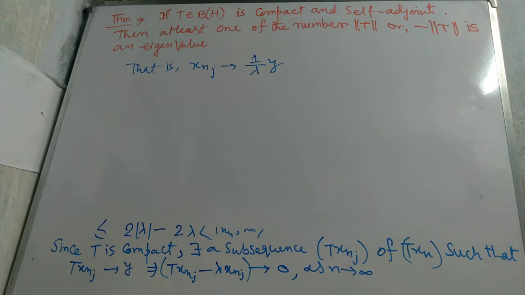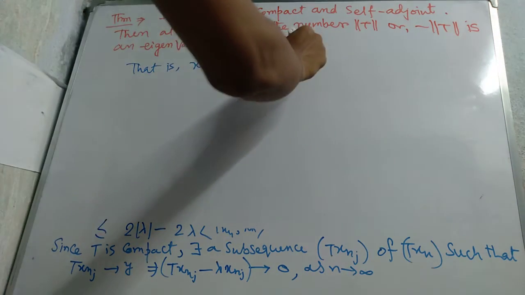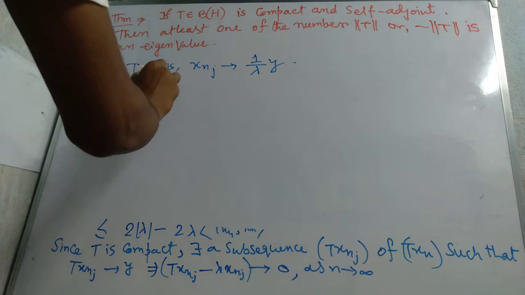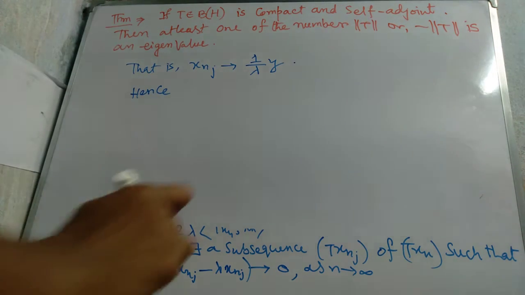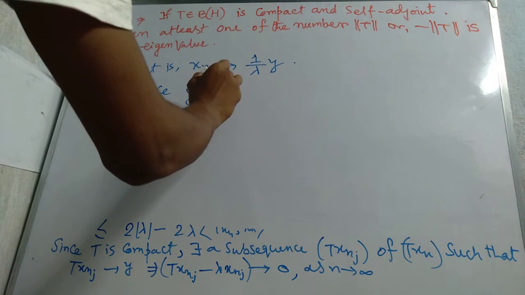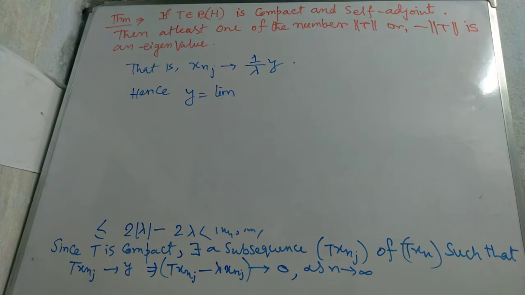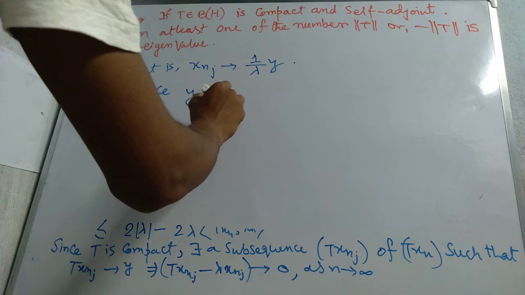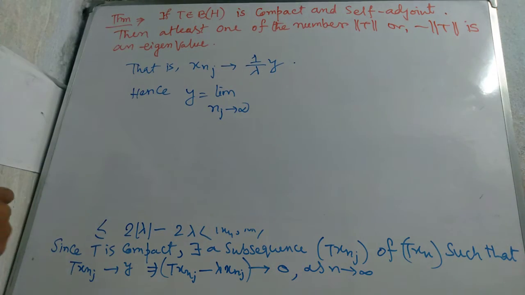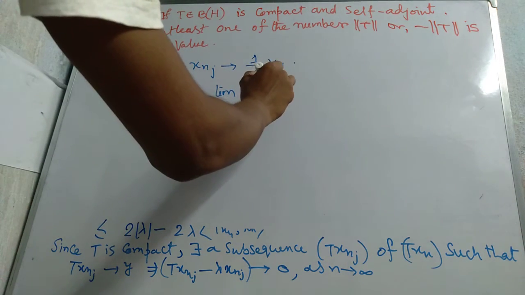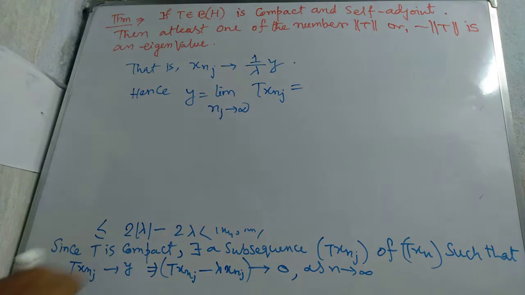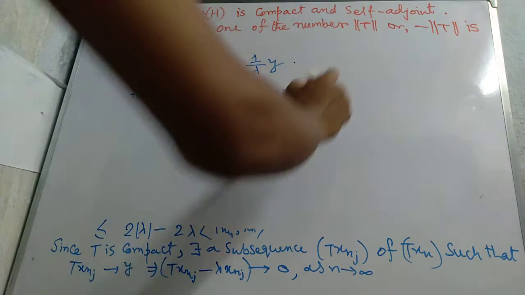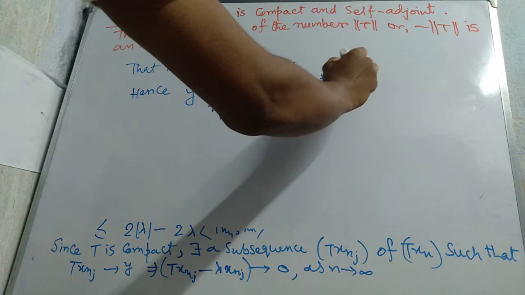Okay, hence y equal to limit as nj tends to infinity of T of x_nj, equal to 1 by lambda T of y.